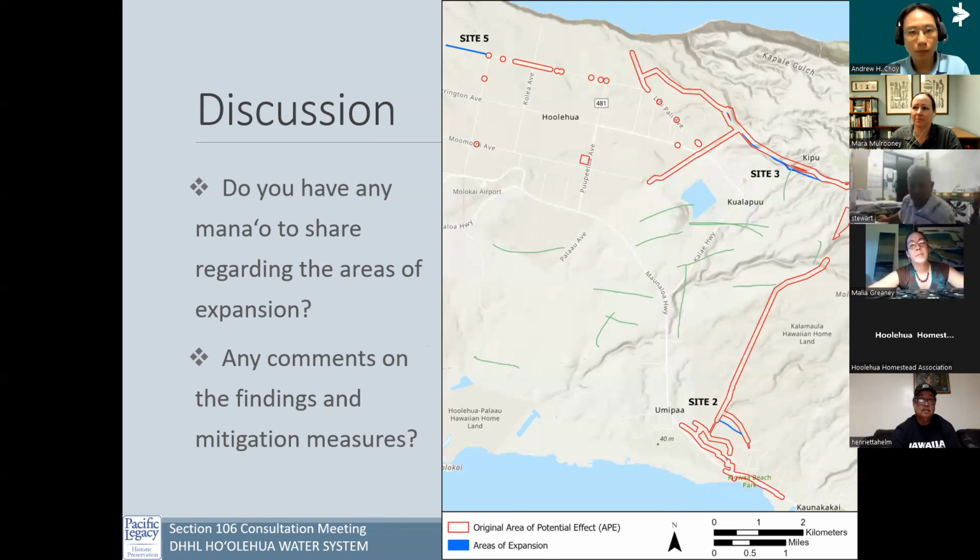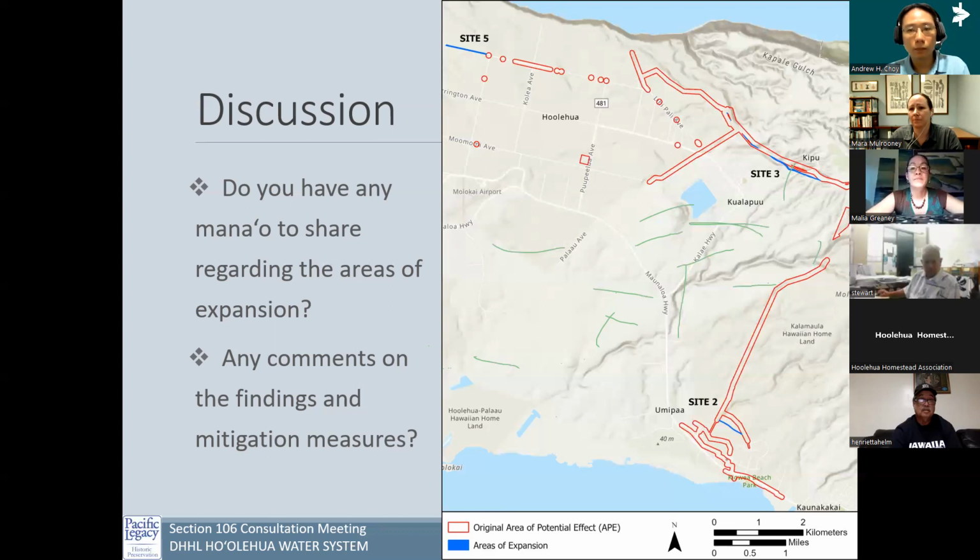But as DHHL, in that Section 106 process right now, we want it clearly documented so that it's identified as such. So I don't know if this is more for an Iolani question, because this is what we want to make known, and we want it recorded.